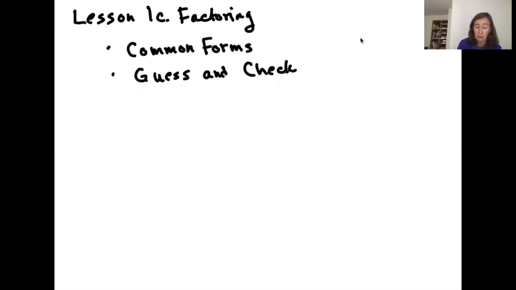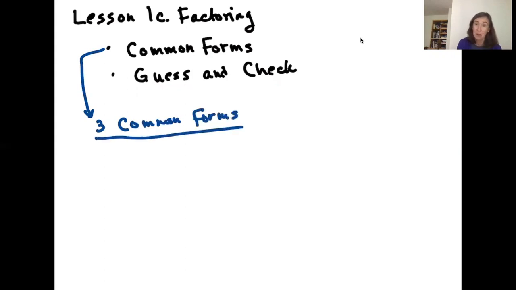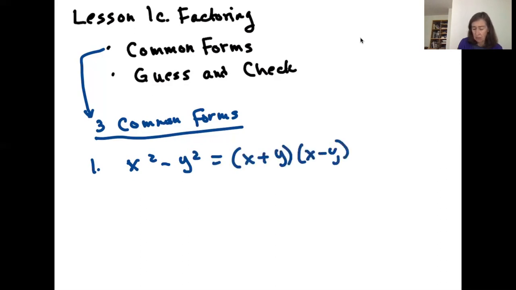Okay. So on these common forms, there are three common forms of expressions that factor easily. The first one is the form x squared minus y squared. That factors to x plus y times x minus y.